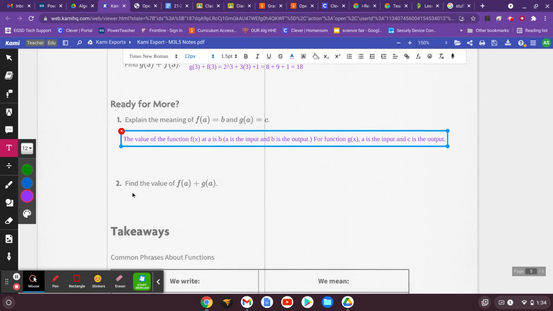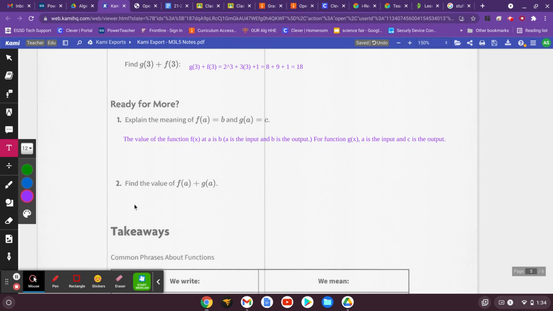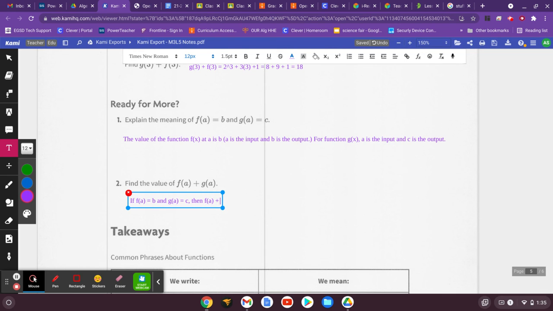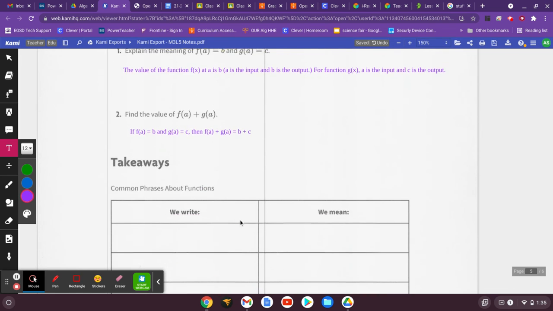Okay, so find the value of f of a plus g of a. Well, from what it tells us before, if f of a equals b and g of a equals c, then f of a plus g of a equals b plus c. And that's it. It's pretty nice.